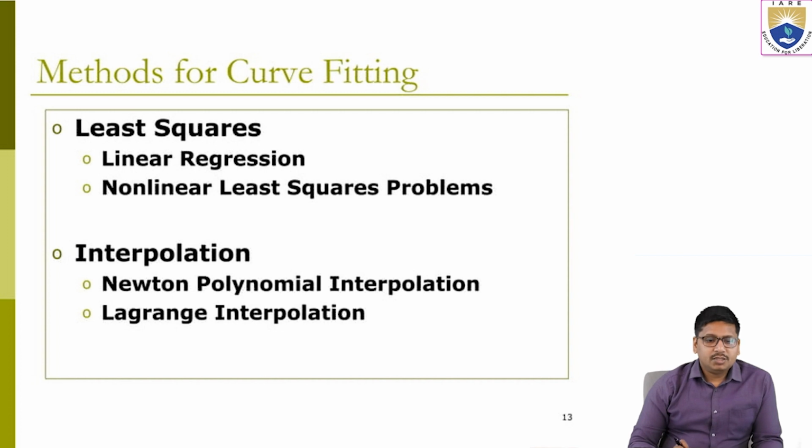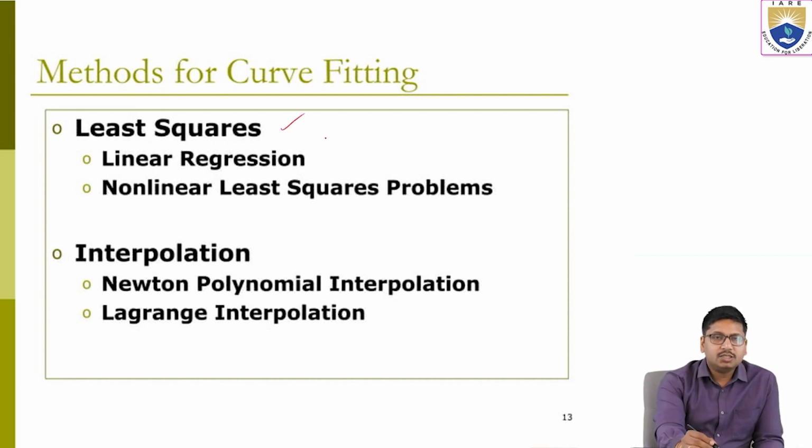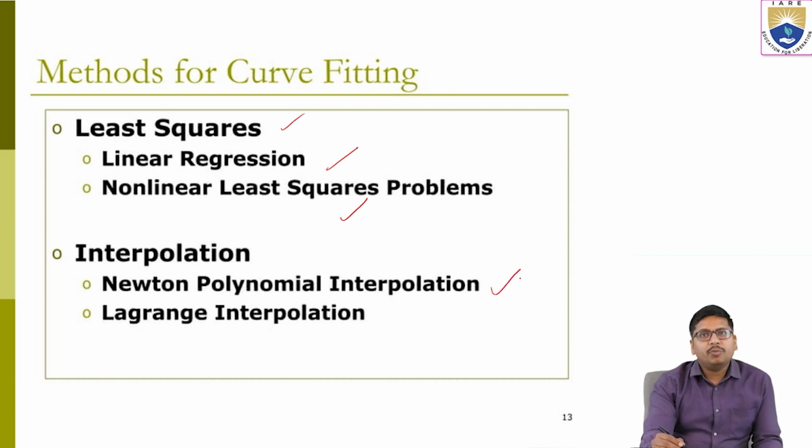So what are the methods available for curve fitting? The first one is the least squares method, in which we have linear regression and non-linear regression. The next one is interpolation, where we will see Newton polynomial interpolation and Lagrange interpolation.